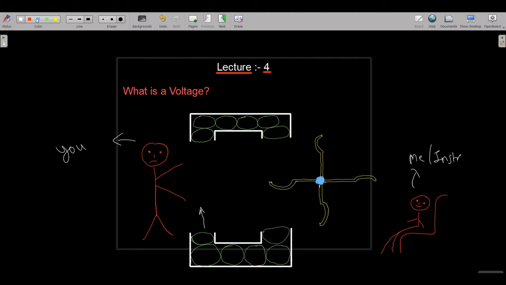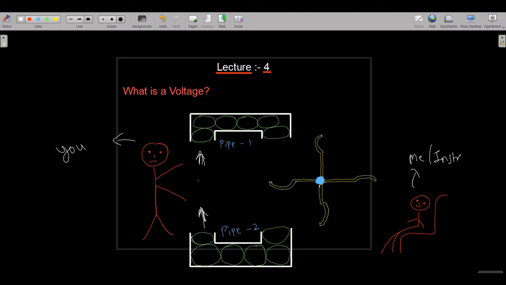Let's assume that this is pipe 2, and this is pipe 1. Take one ball from pipe 2 and insert that ball in pipe 1.